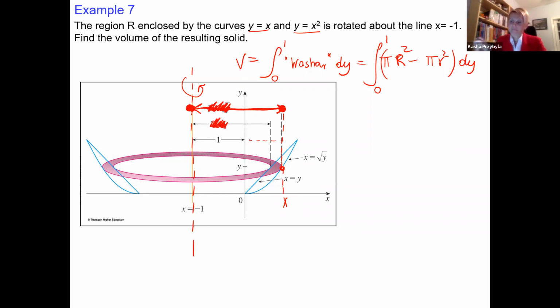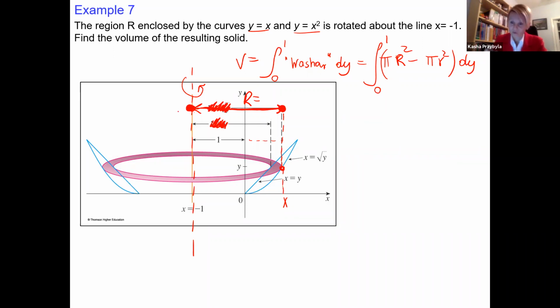This is the top distance, the top line segment, right? How can we define this length? That's the big R, the outer radius. We have to identify the right dot minus the left one.